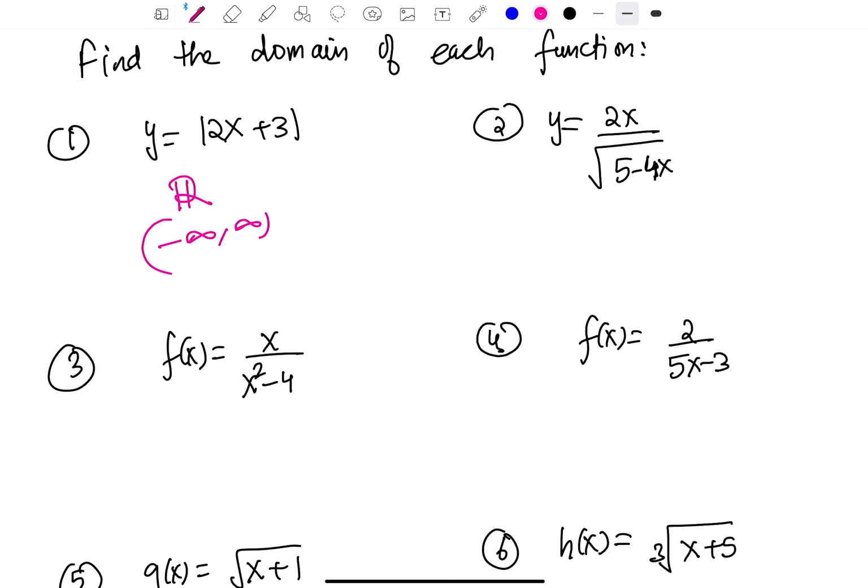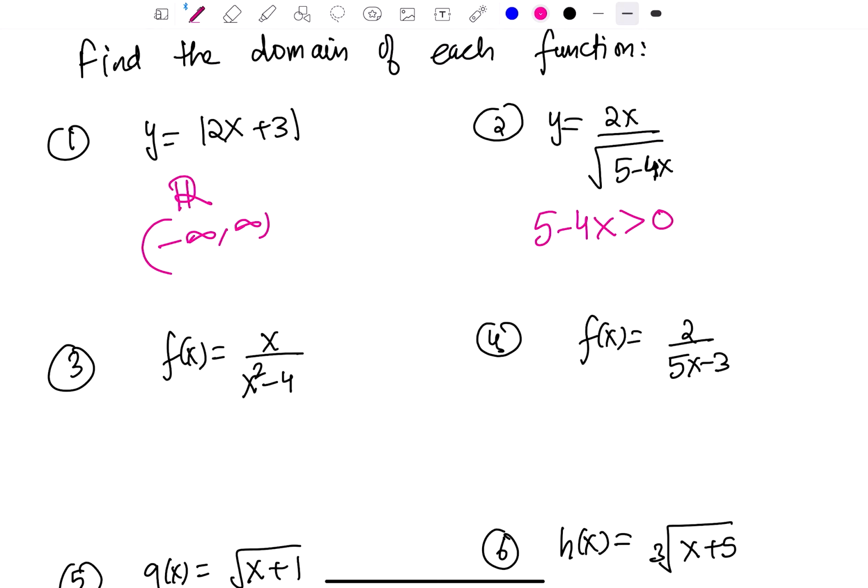The next case, we have a radical in the denominator, 5 minus 4x, and we want to make sure it's positive only. We want 5 minus 4x to be greater than 0. We don't want it to equal 0 because it's in the denominator.